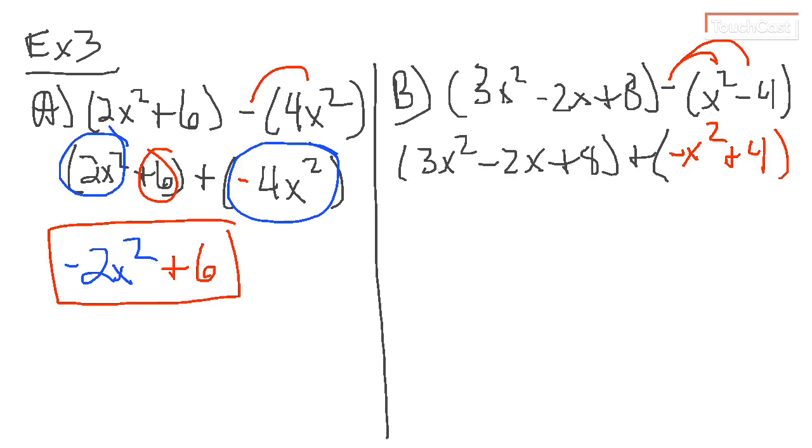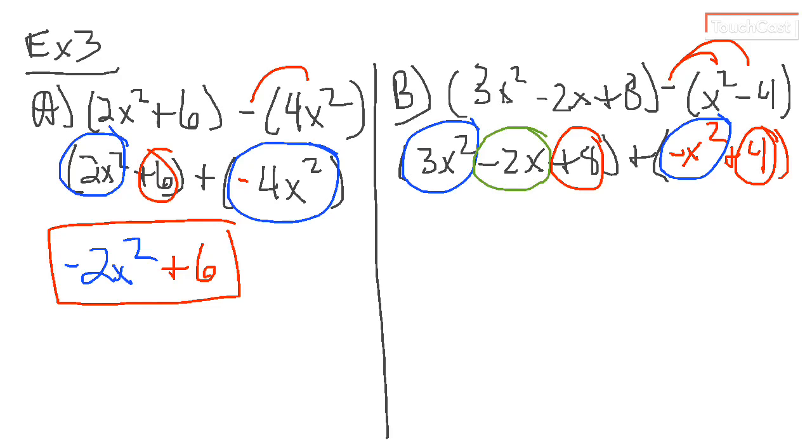Now we can start combining like terms. So I'm going to circle all my x squared terms here in blue. I'm going to circle all my simply just an x term in green. And any constants I'm going to circle in red. So now let's combine the things that have the same color circle around them.